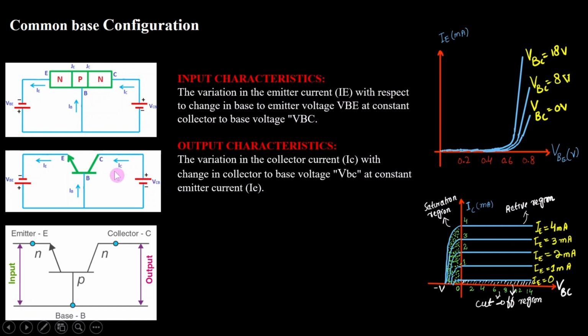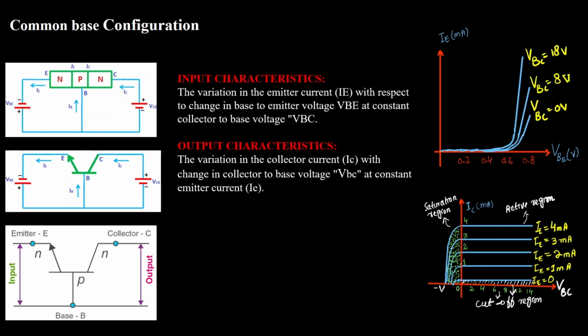As we have discussed in the previous lecture, the current IE will start, and if we have 100% electrons, 1% of the current will be IB, and 99% of the current will be IC.